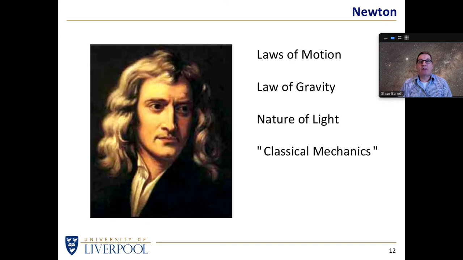Newton refined this and of course came up with lots of science, lots of elements of laws of physics that we now understand, such as his laws of motion, law of universal gravity, the nature of light, etc. And if you take all of Newton's understanding of the physical world, you can put that all together and talk about so-called classical mechanics, or sometimes Newtonian mechanics.